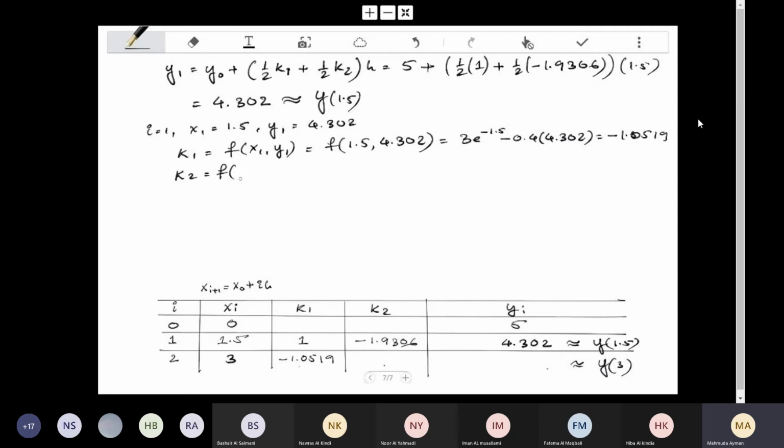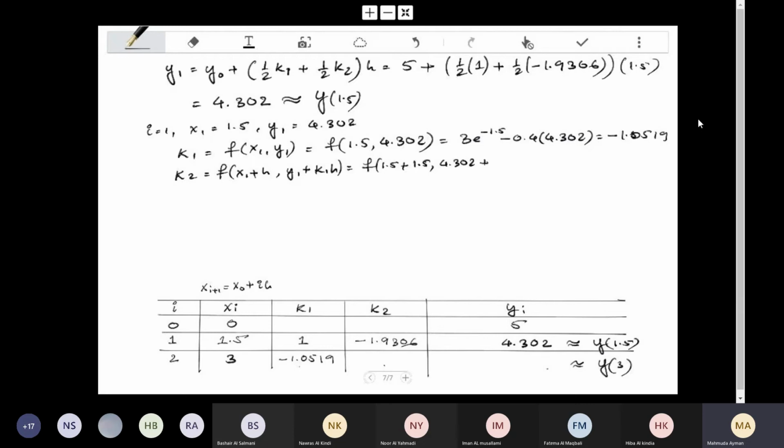That is the function value at x1 plus h, comma, y1 plus k1 times h, and we have here x1 is 1.5 and plus h is 1.5 again, y1 is 4.302 plus k1.